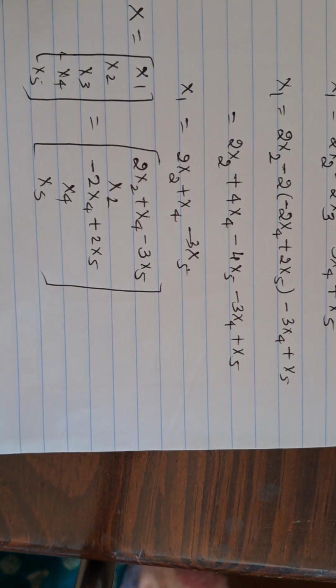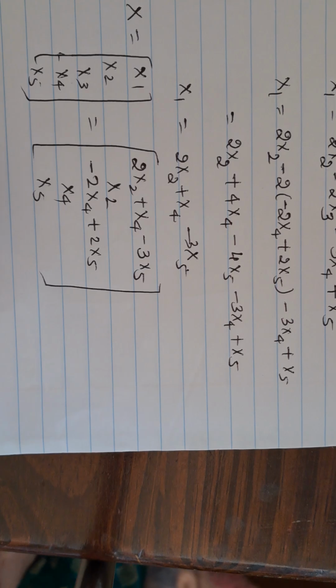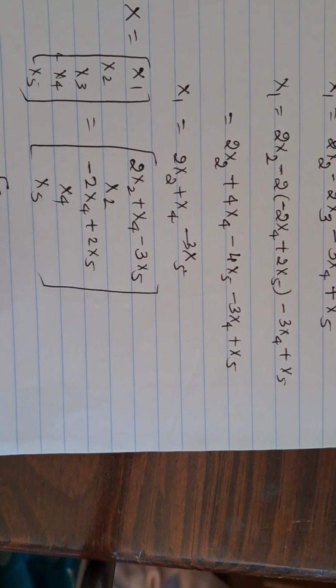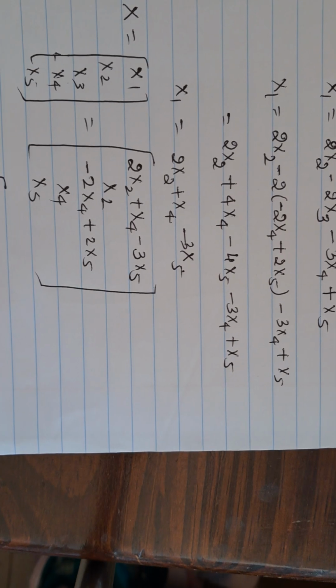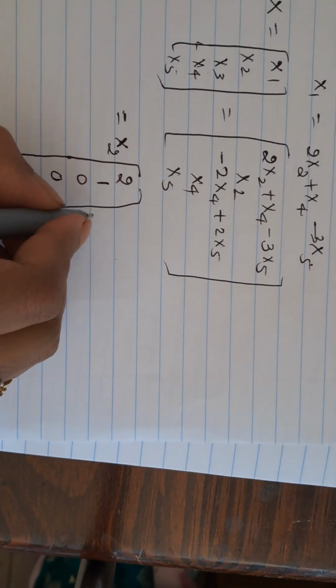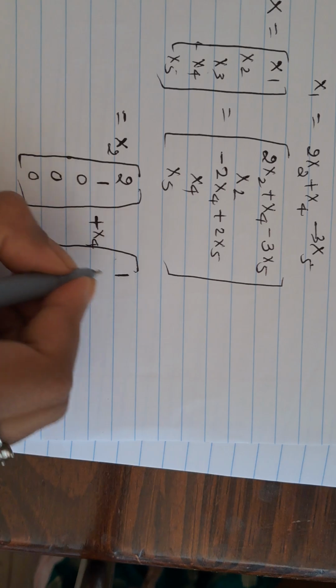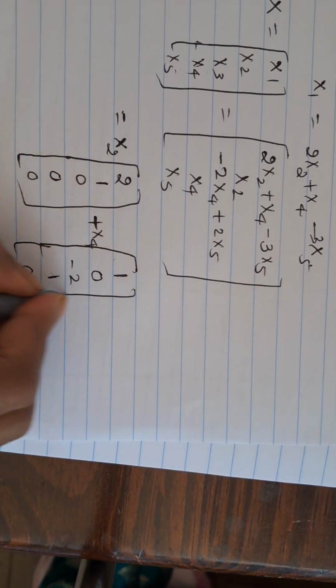Okay, so now let me write this in terms of x2, x4, x5. So this is x2 into 2, 1, 0, 0, 0. Then plus x4 into 1, 0, minus 2, 1, 0.